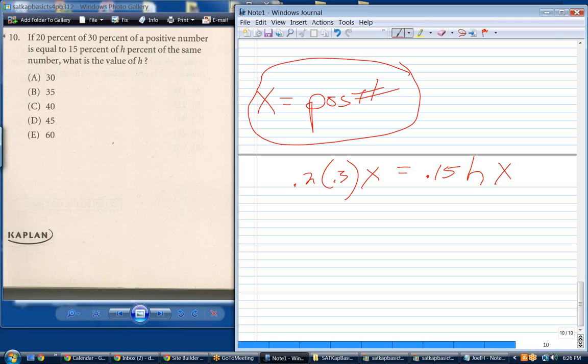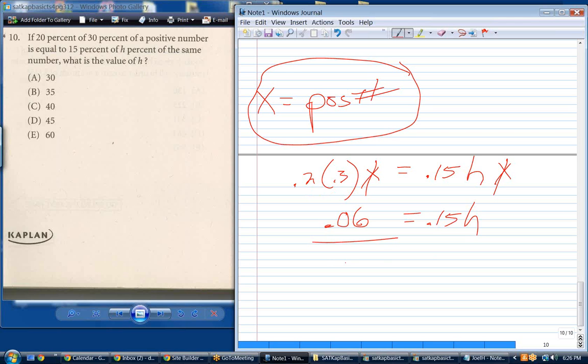No. Divide by x. In other words, the x's cross out. We're going to divide both sides by x. That turns into a 1. That turns into a 1. So now it's 0.15h equals 0.2 times 0.3, which is 0.06, not 0.6. We know it's got to get less, not bigger, so it can't be 0.6.